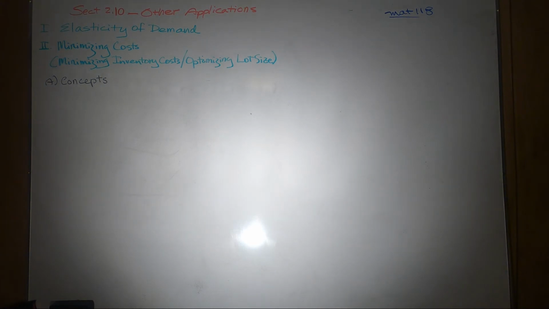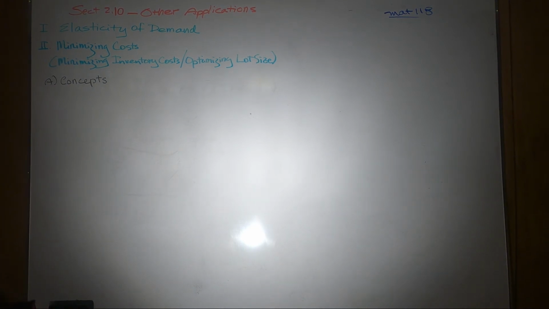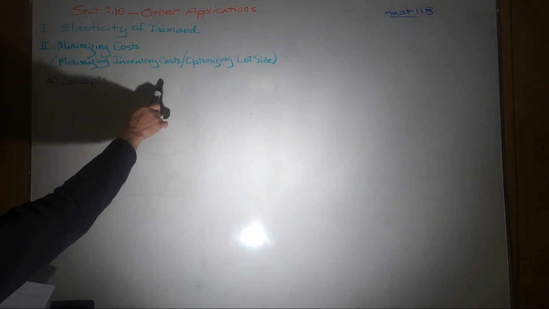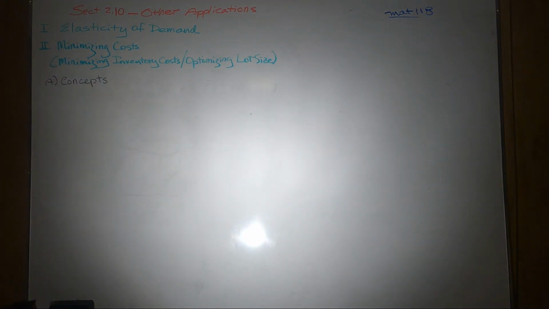You find the E value, then decide whether you want to raise the price or lower the price for products, right? Then another thing we are going to talk about is minimizing costs. To minimize the inventory costs, we also call it optimizing lot size. Let's see what we are talking about.